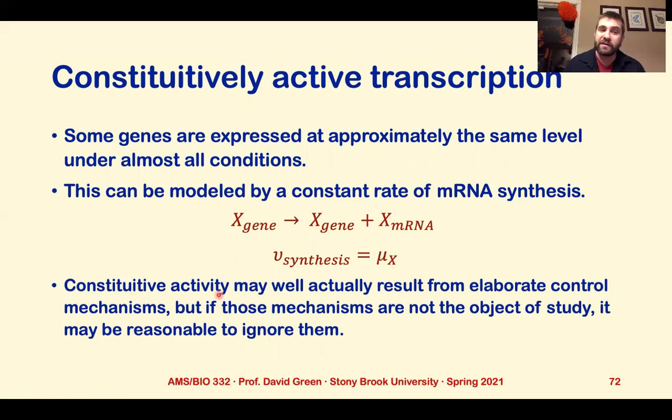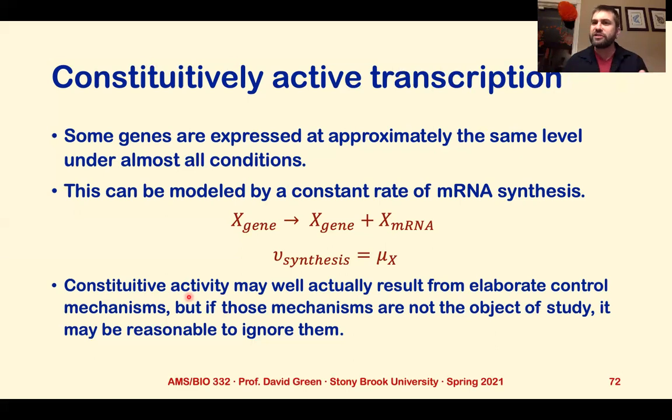Again, I want to be clear, a simple model does not mean a simple mechanism. Constitutive activity may come from very elaborate control mechanisms. You can imagine there being many, many different components involved in ensuring that these housekeeping genes are regulated at a constant level. And if those mechanisms were what we were interested in, we would need to have those built into our model.